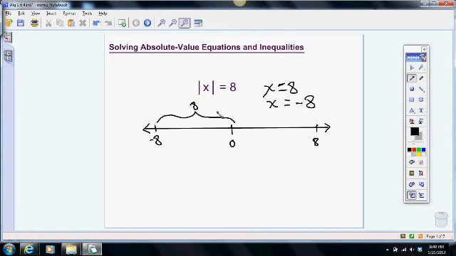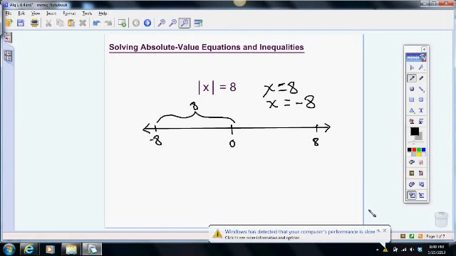Absolute value is always positive, but more specifically, we're talking about distance. And when we say distance, we don't usually tell someone to travel a negative 2 miles or a negative 20 miles. We tell them what direction to go in, and that's what absolute value means. Absolute value is the distance away from 0.